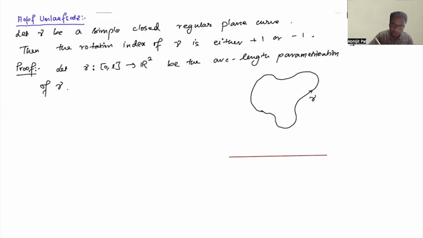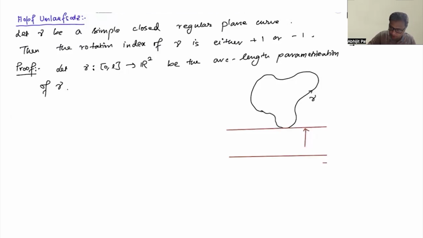You move this line segment towards gamma, and you will get a point on gamma where we get a line parallel to the chosen line.